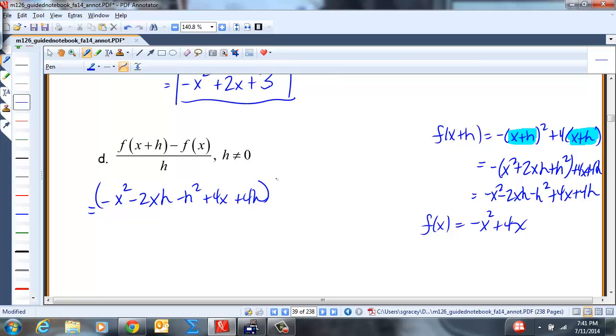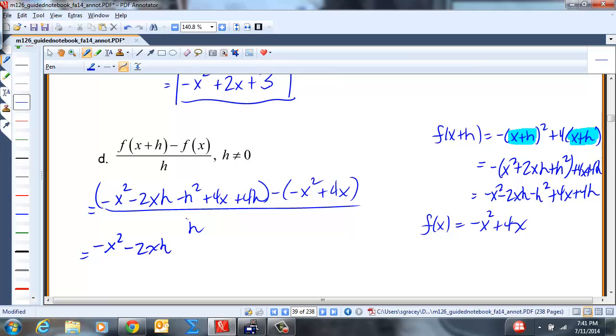We will be subtracting from that the function evaluated at x, which was negative x squared plus 4x. And that's all going to be divided by h. So we will have negative x squared minus 2 times x times h minus h squared plus 4x plus 4h plus x squared minus 4x, all divided by h.